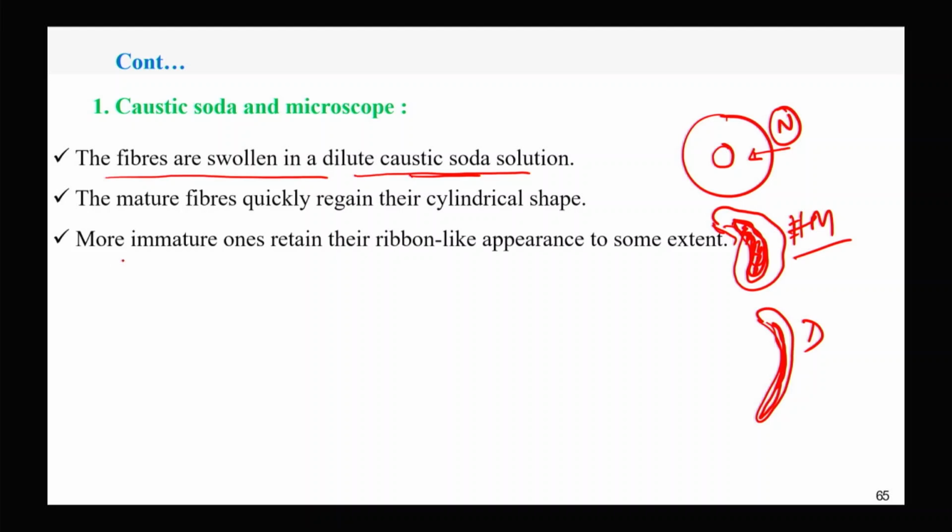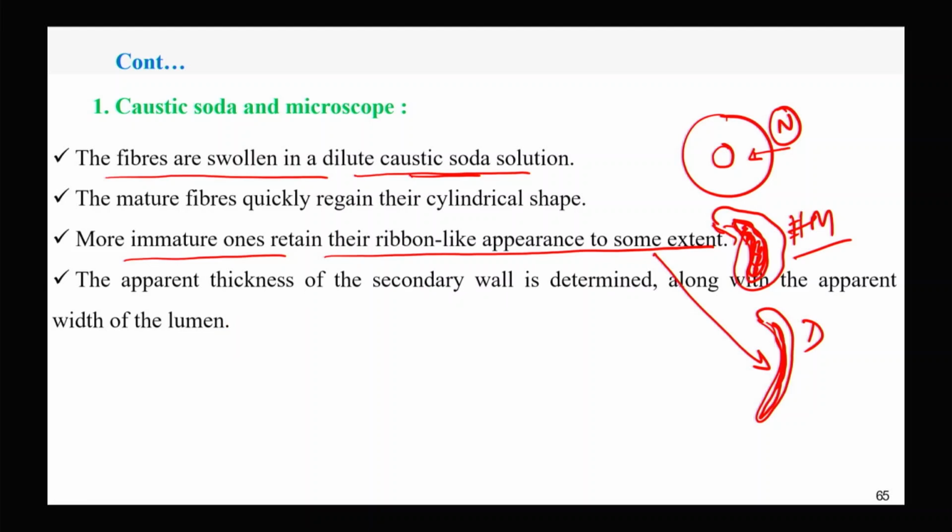The more immature fibers retain their ribbon-like appearance to some extent. So the apparent thickness of the secondary wall is determined. Basically, you can see here, with reference to the lumen, the apparent thickness will be determined.